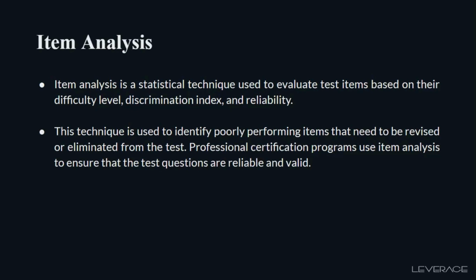This is because you will need to revise some of those items and probably eliminate them from the tests. So professional certification programs use item analysis to ensure that the test questions they put in their exam are reliable and valid.